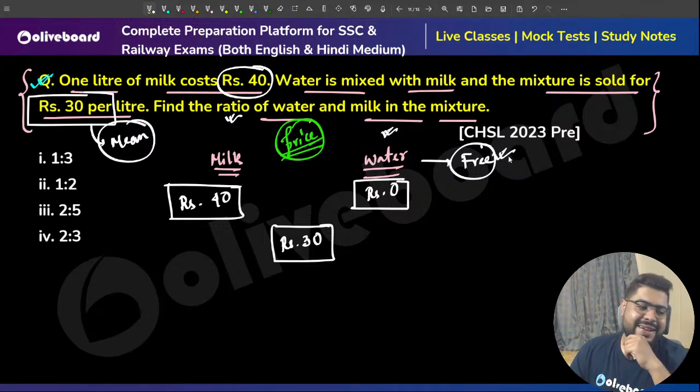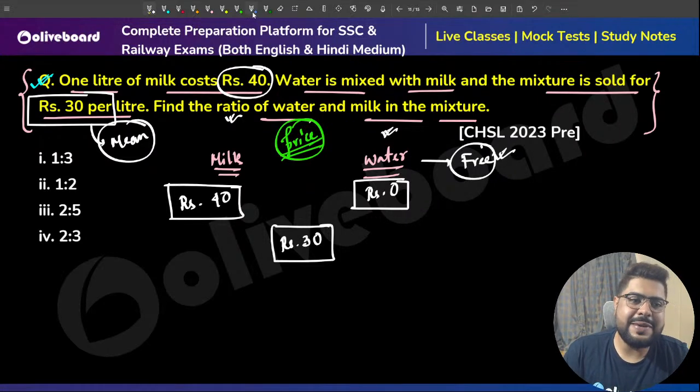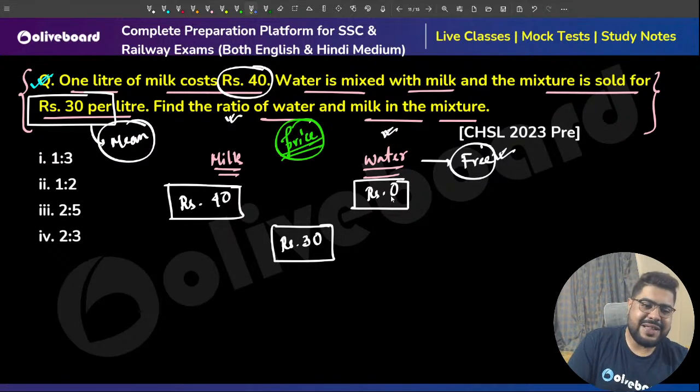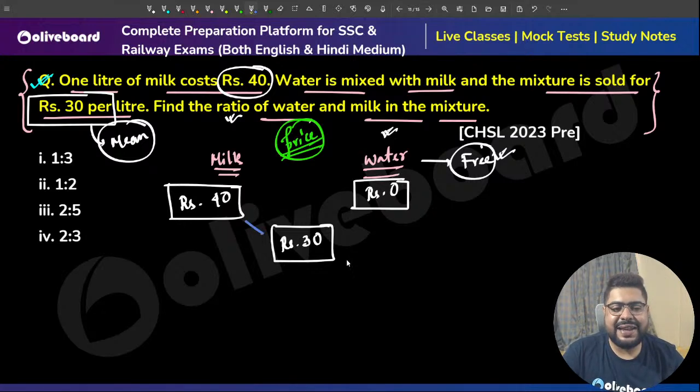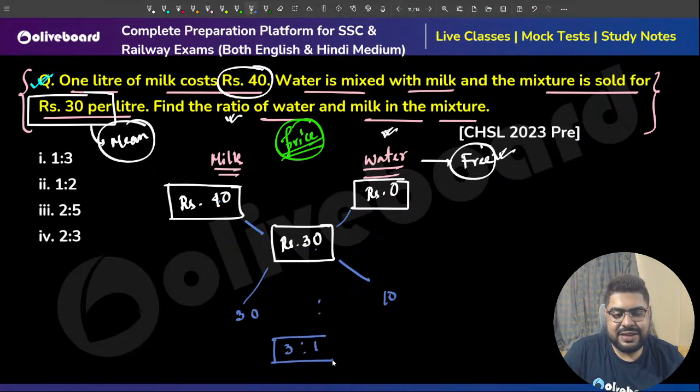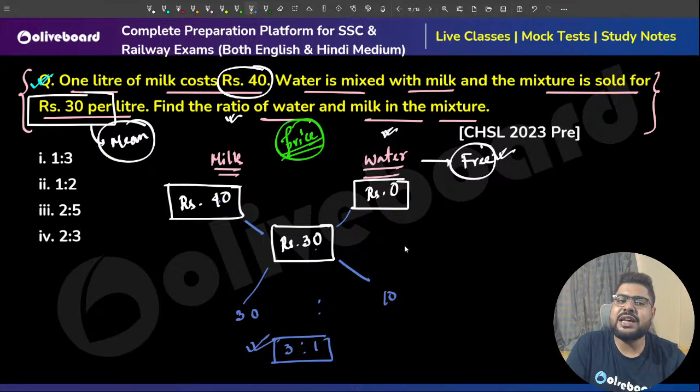Governments still don't charge any significant amount to us to use water. So that means, sir, use your allegation now. 40 minus 30 is 10. 30 minus 0 is 30. So the ratio, sir, is 3:1.